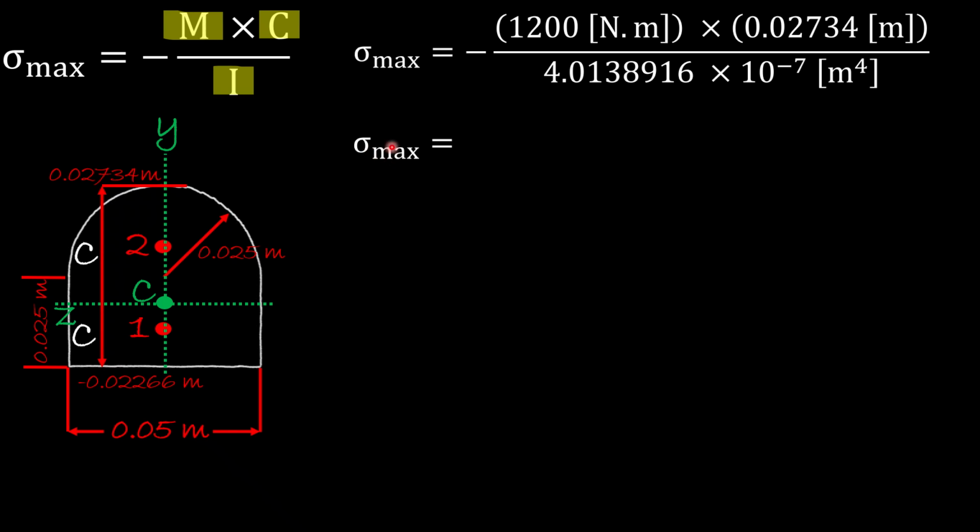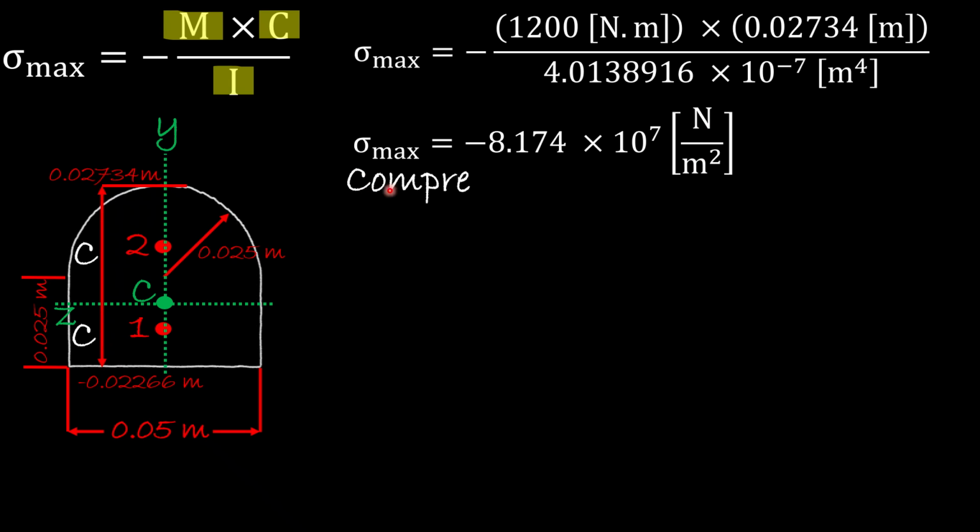So the answer in here will be negative 8.174 times 10 to the power 7 Newton over meter squared, or Pascal. Because it's negative, on the top we will have compressive stresses.